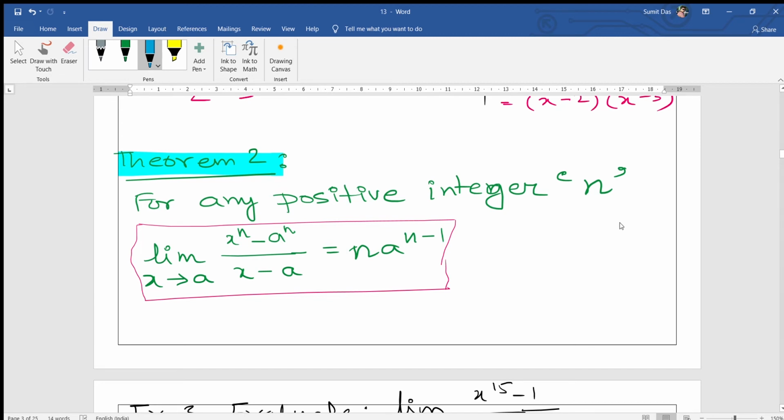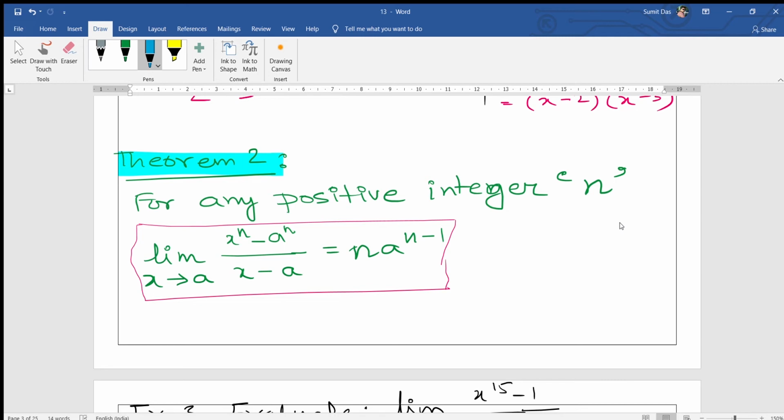Theorem 2 says that for any positive integer n, the limit as x tends to a of (x to the power n minus a to the power n) divided by (x minus a) is equal to n into a to the power n minus 1.